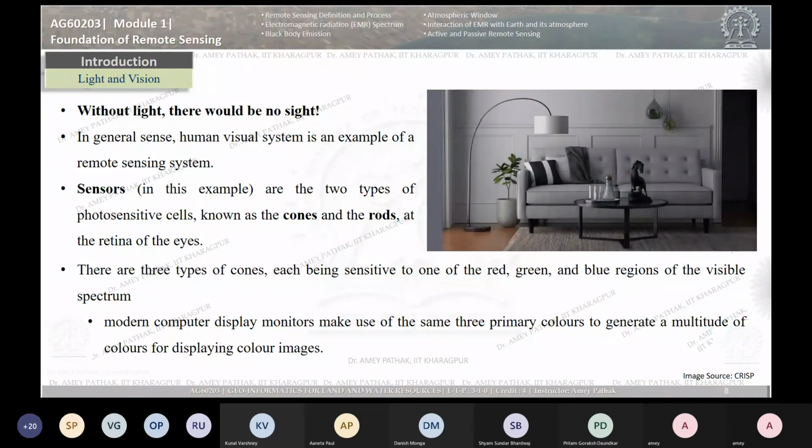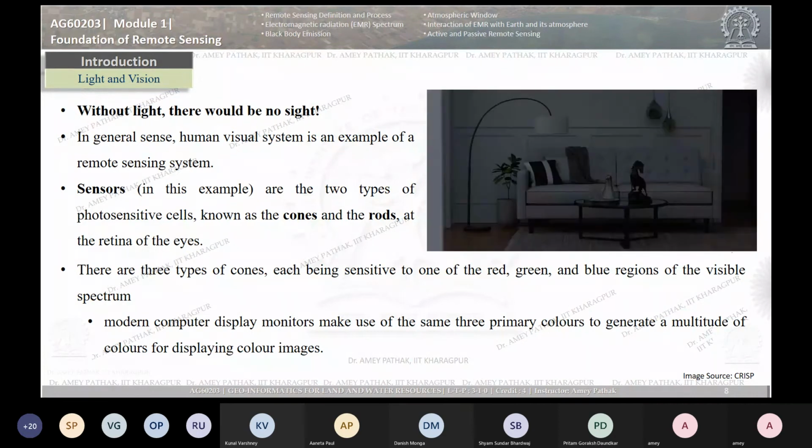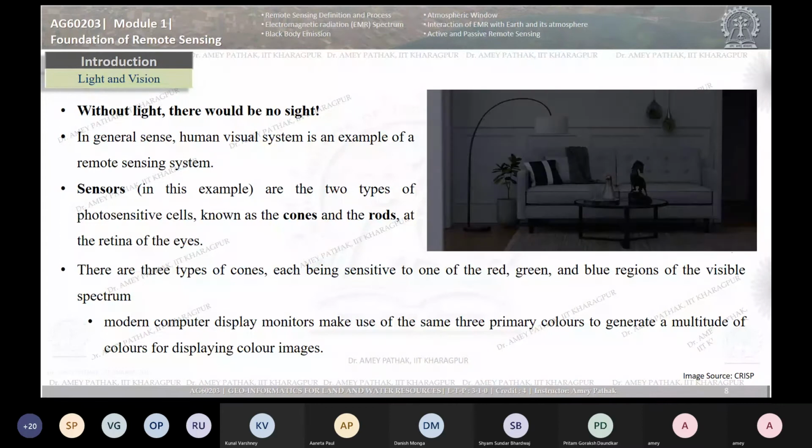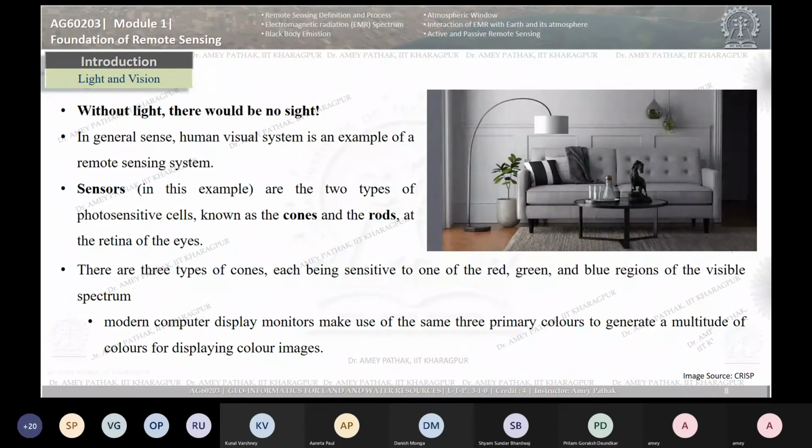Since we are able to perceive images or objects through red, green, and blue, in your television set or whatever electronic device we build for visualization purposes, for example the screen of your smartphone, television, or computer, we try to represent the data in the form of red, green, and blue.